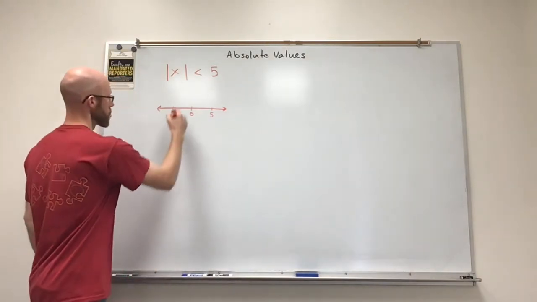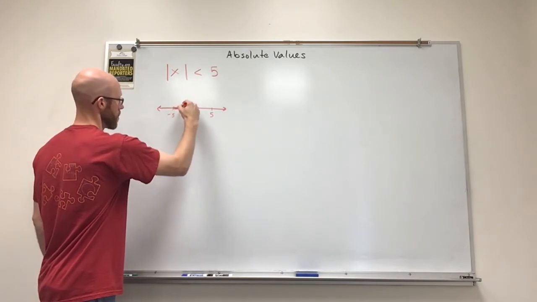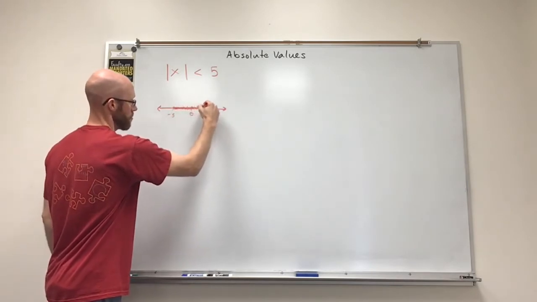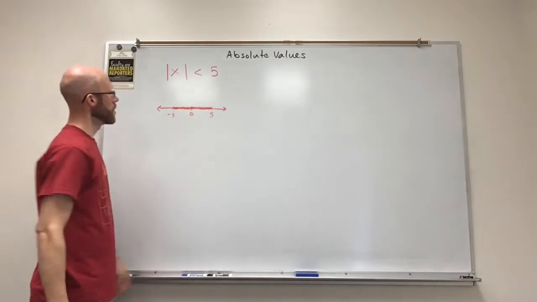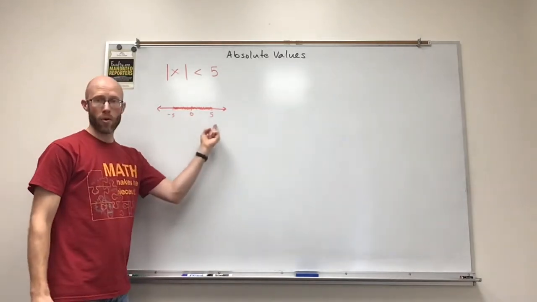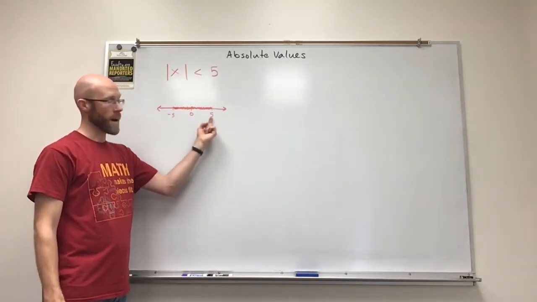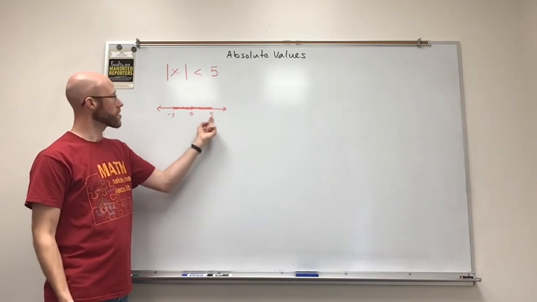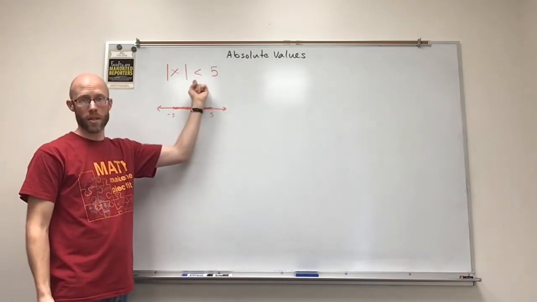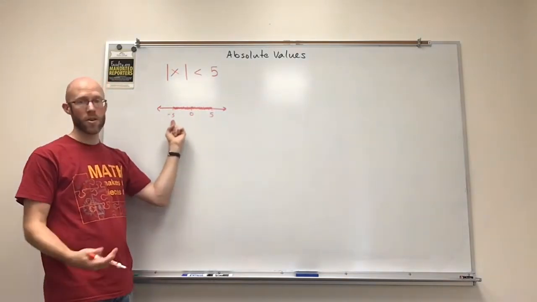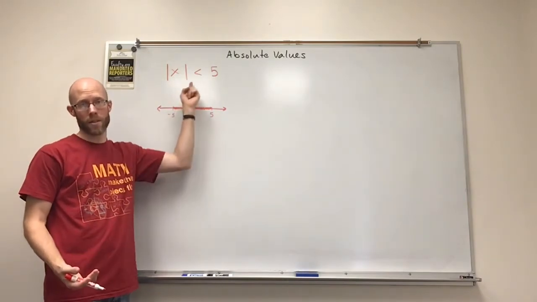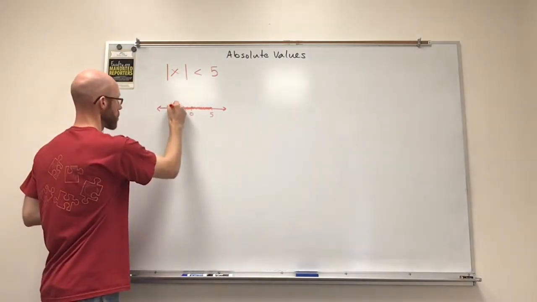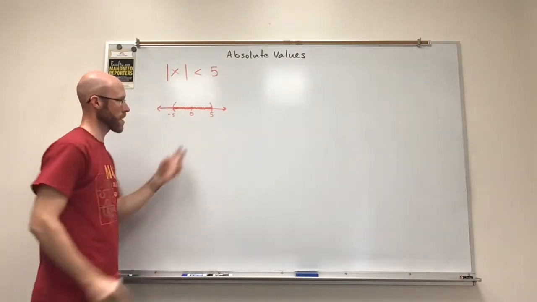So everything in this interval from -5 to 5. Now I would not include the endpoints because 5, for instance, is a distance of 5 away and I want only things less than. -5 also is 5 units away and I want things less than. So I would not include those in this example.